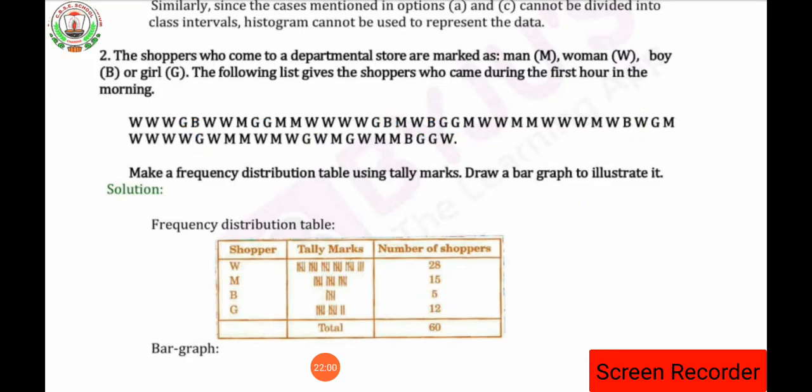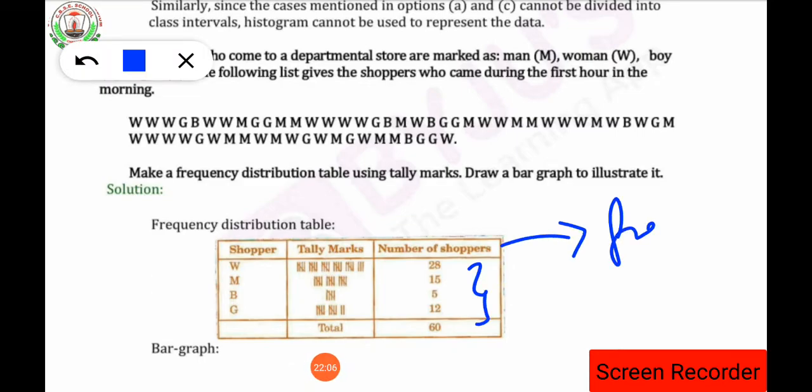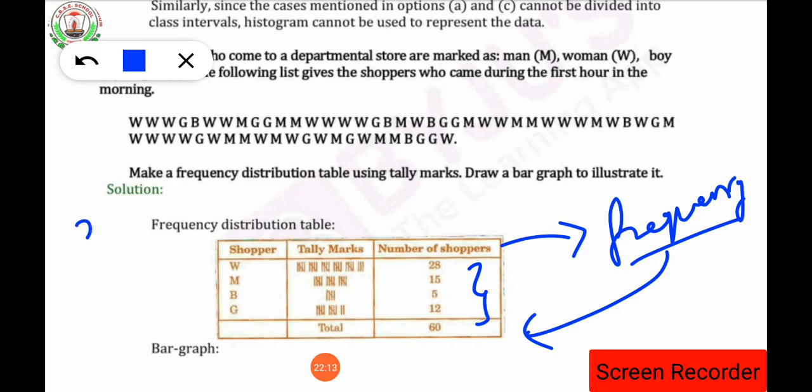Then at the last what you have to do is add the frequency. This number of shoppers is known as frequency. This frequency you have to add. So while adding 28 plus 15 plus 5 plus 12, you will get 60.